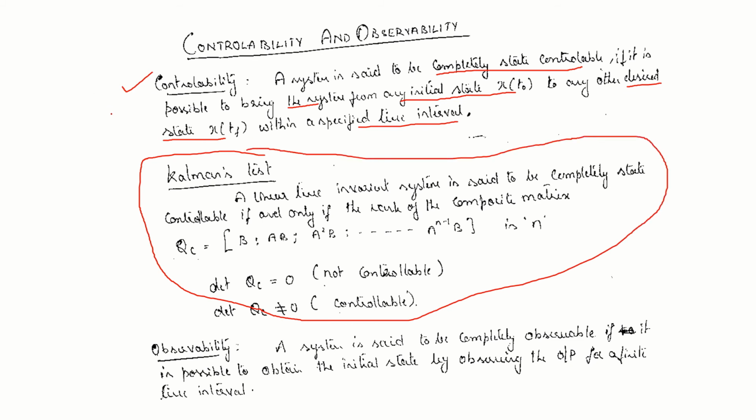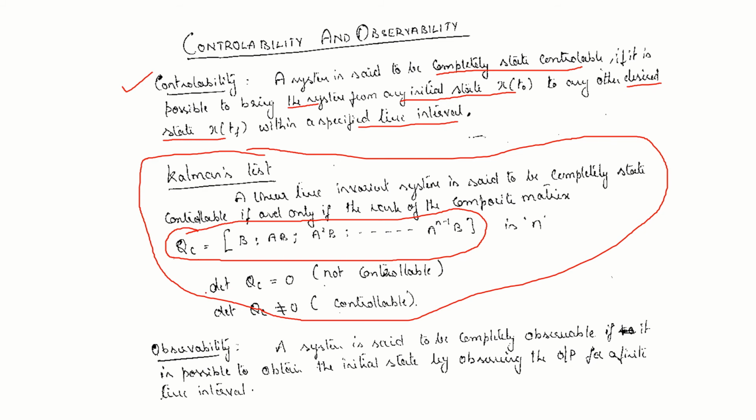So how do we check whether a given system is controllable or not? What you do is you need to create a composite matrix QC, that is B, AB, A squared B, like this, up to A to the power of n minus 1 B. And if the rank of this matrix is n, then it is completely state controllable.